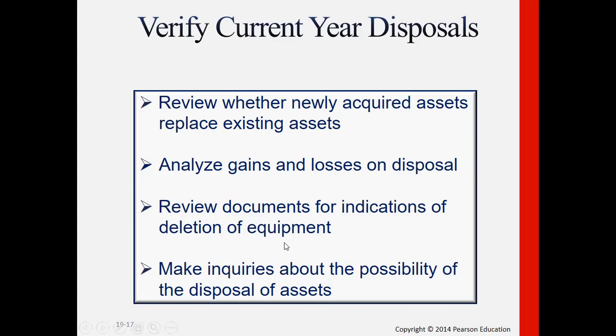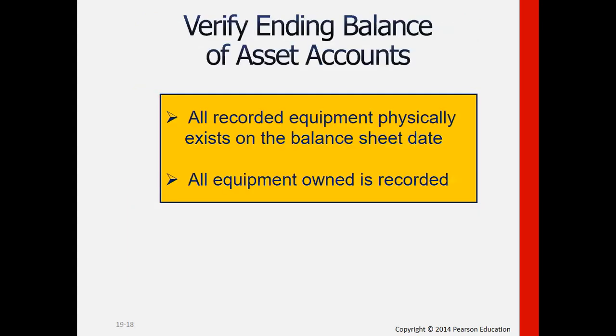And then review documents for indications of deletion of equipment. If there has been deletion, like for example, it has been removed from our file for those PP items that are still in use, in that case, that's really a disposal. Then make inquiries. We ask questions about certain possibilities of disposal of assets, most especially if we can no longer locate them by physically checking or examining such.